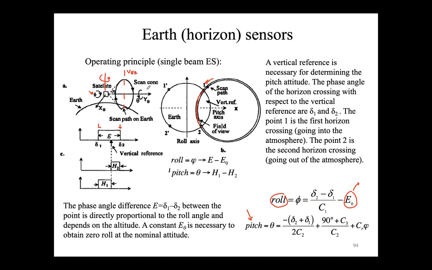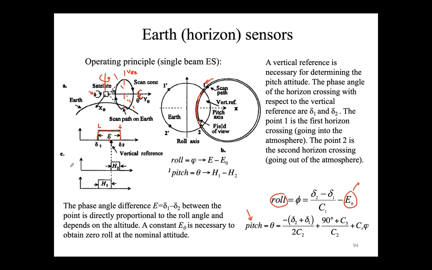Because if the spacecraft is rotating along this axis, also this vertical axis is going to rotate. And so what you're going to see is that in your detector, the intersection of the vertical axis is going to change in the signal that you have from the sensors. If the vertical axis is exactly in the middle, that means that you have a zero pitch angle, for example.